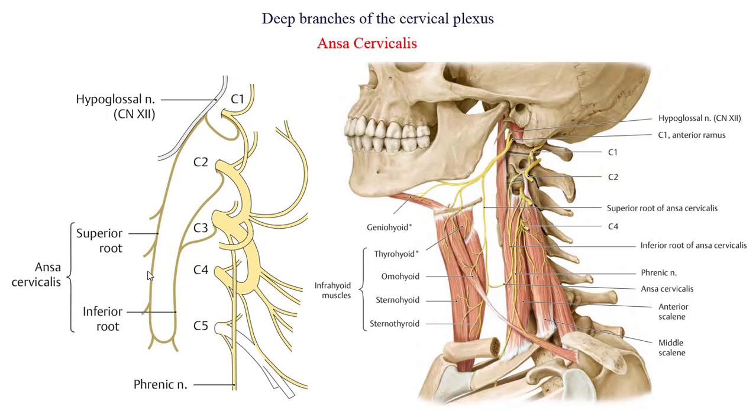The superior root, which is also known as the anterior root, is formed from the cervical spinal nerve C1, whereas the inferior root, also referred to as the posterior root, is formed from the second and third cervical spinal nerves. The branches of ansa cervicalis mainly supply innervation to the infrahyoid muscles.